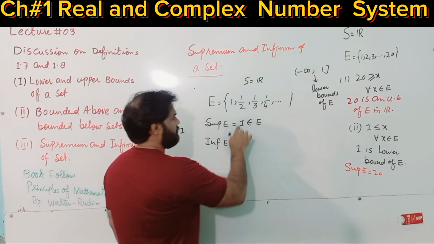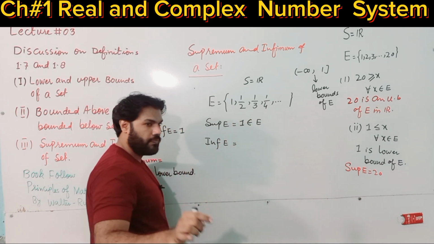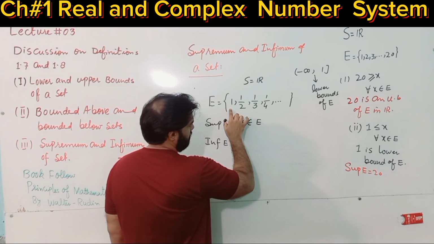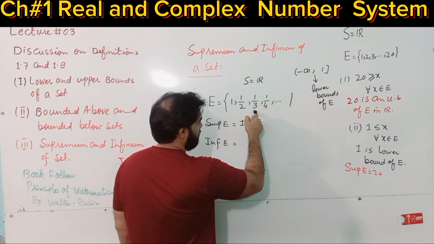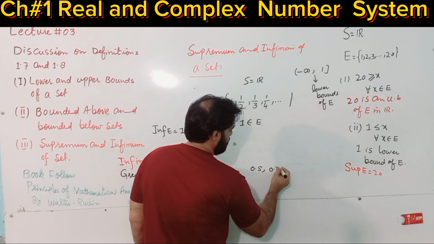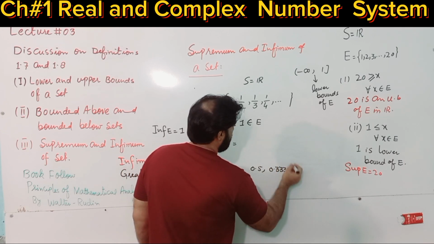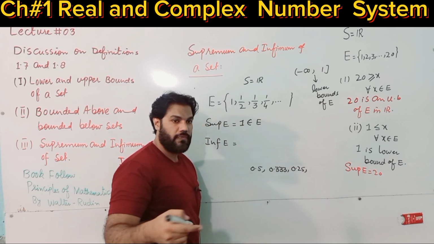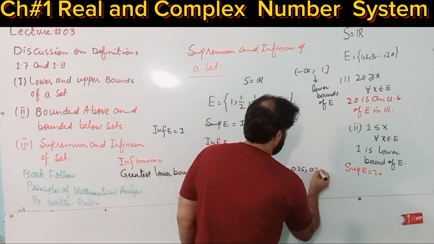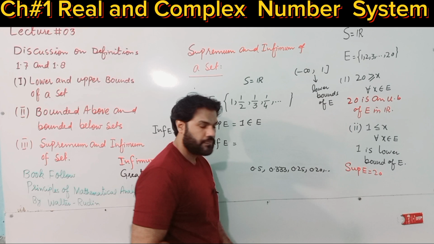You can see that these numbers approach 0. First number is 1, second is 1 by 2, which means 0.5, third one is 1 by 3, that is 0.33, 1 by 4 is 0.25. Next number will be 1 by 5, that is 0.20, and so on.